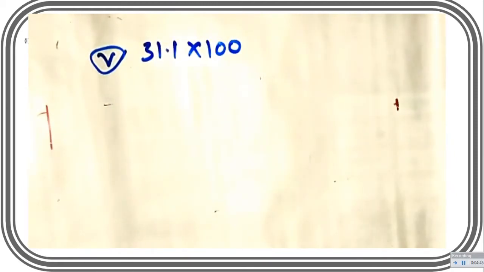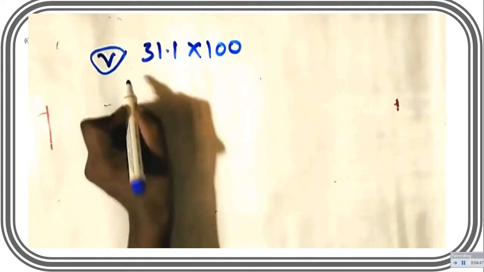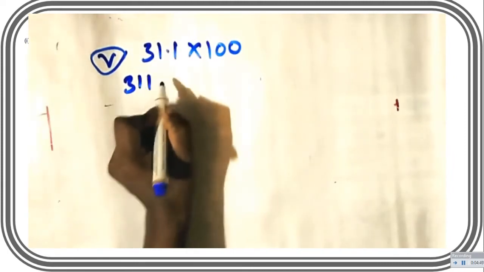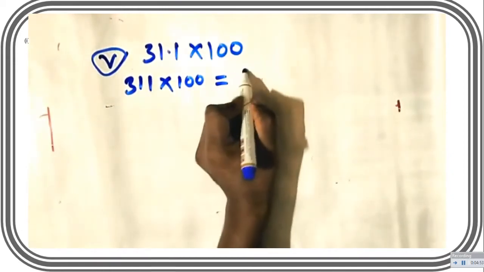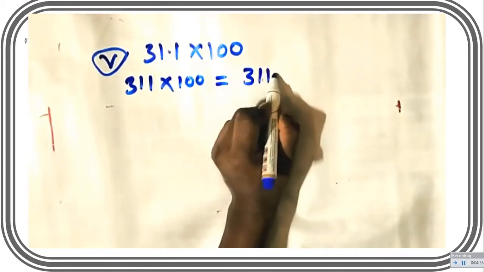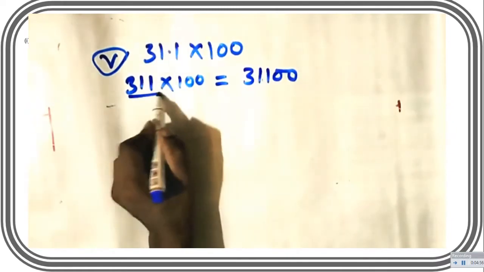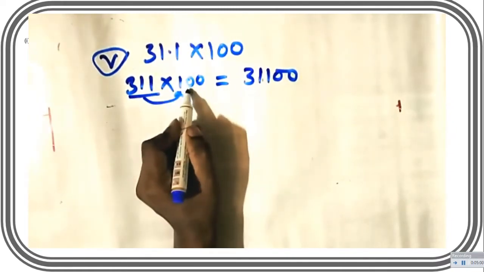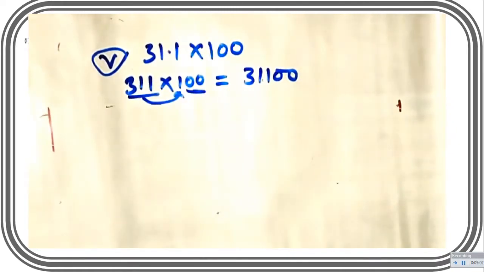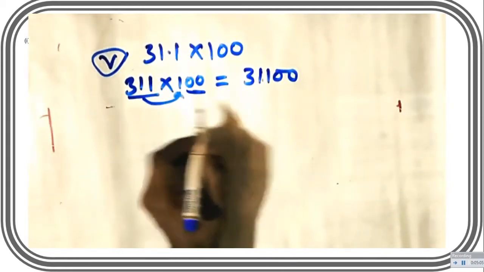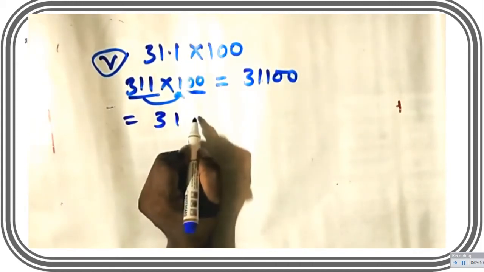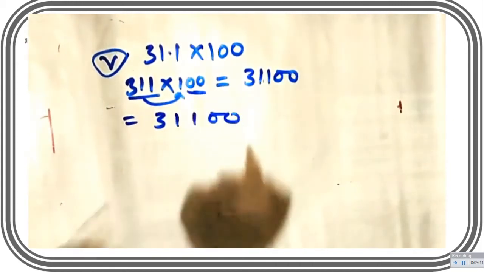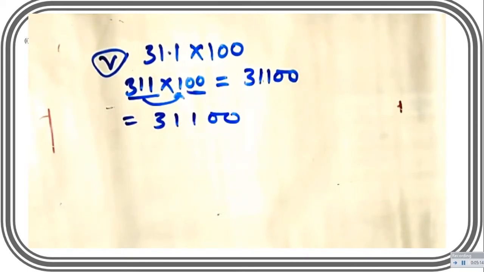First, without putting the decimal, multiply the numbers. We will get 311 and put 2 zeros. Clear? Now what? Now it's time to insert the decimal. Count.